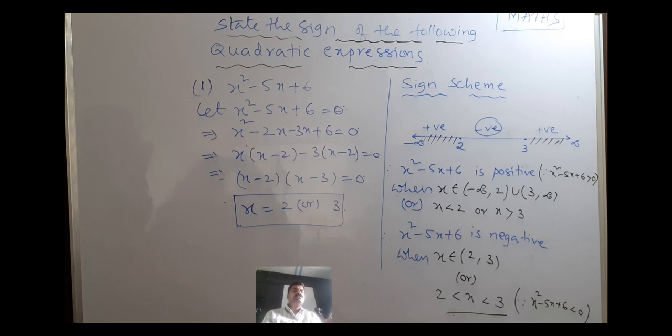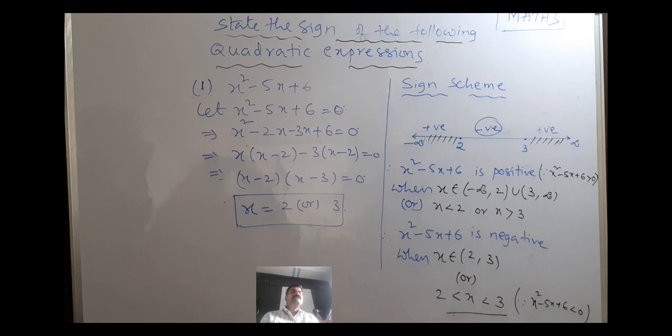So first 2 followed by 3. As usual, from the right side we write the gaps as positive followed by negative and positive in that manner. Now once again, in between 2 comma 3 clearly the expression is negative, whereas the first part and the last part show that it is positive.